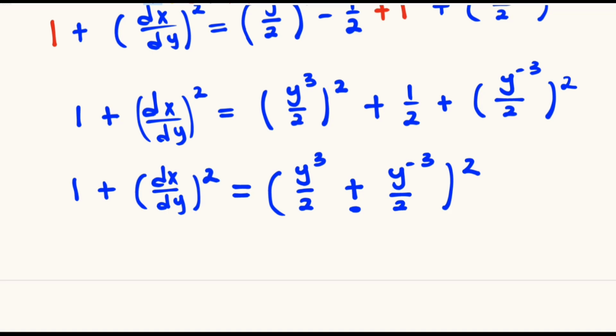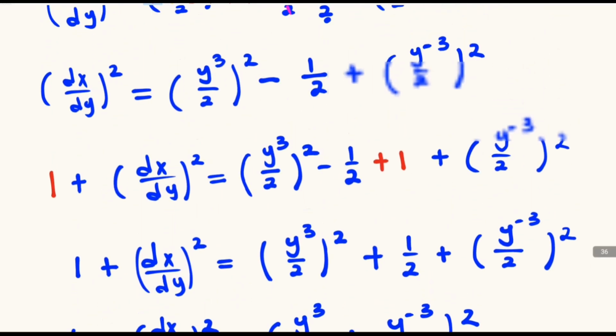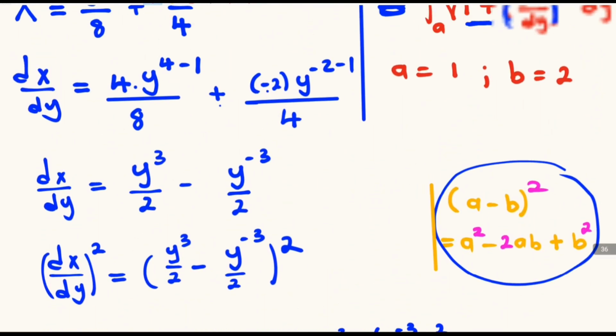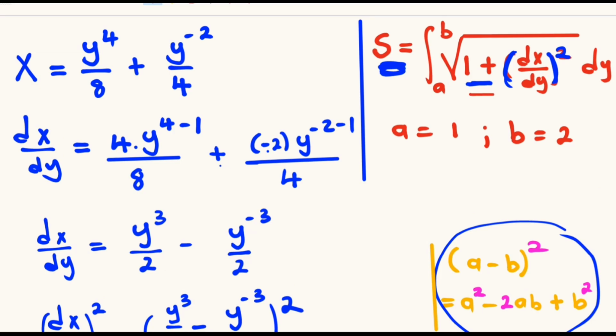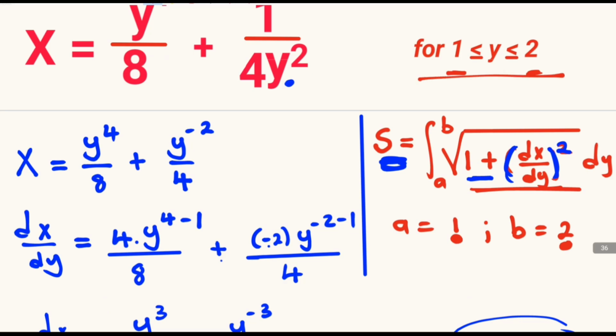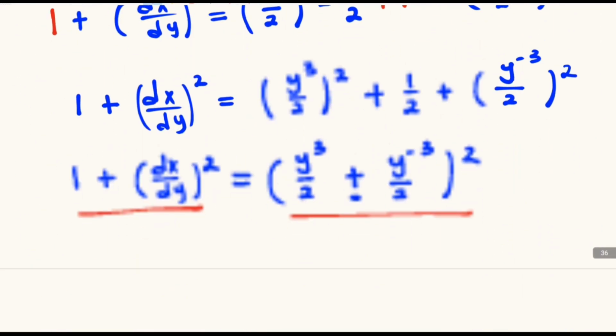And inside our integral we had the square root of 1 plus the derivative of x with respect to y squared, which we will replace with this term on the right hand side. So we'll substitute the term on the right hand side inside that square root, and our a is equal to 1 and b is equal to 2 as we were given.